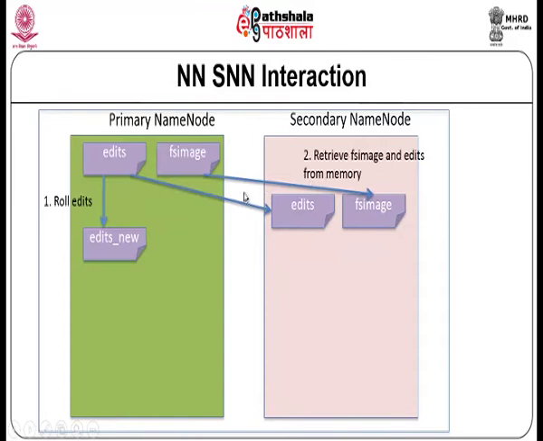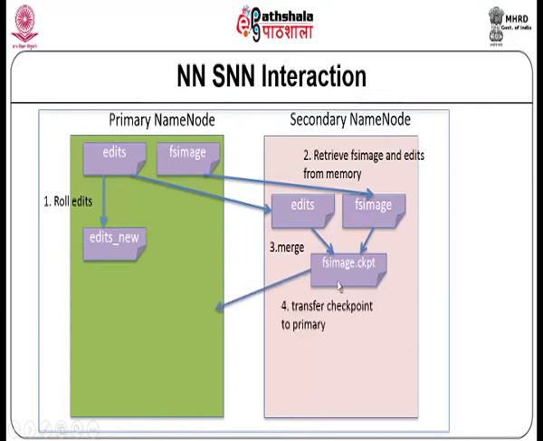The secondary name node receives these two, and it applies the edits transactions to the FS image to create an up to date FS image, which is called the FS image checkpoint. This is the complete FS image combining these two. Whatever has happened before this particular log started will be present in the FS image checkpoint, and then it will send the new FS image checkpoint back to the primary name node.